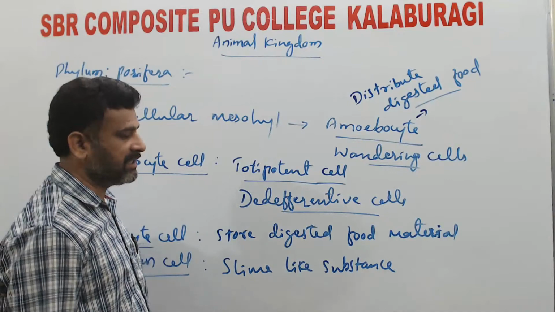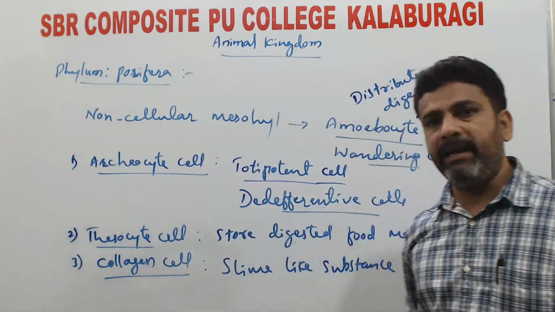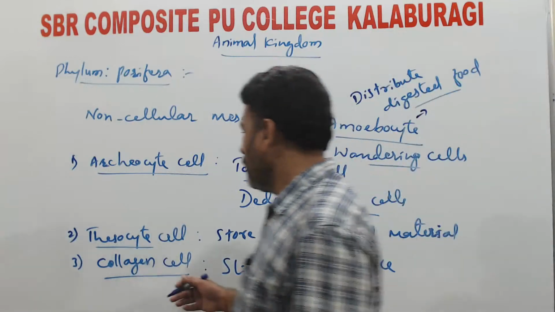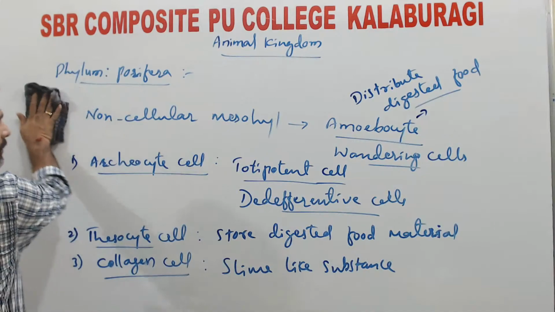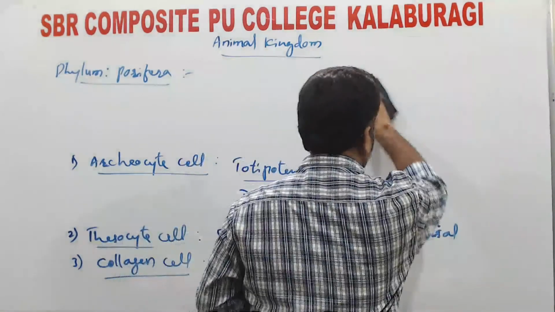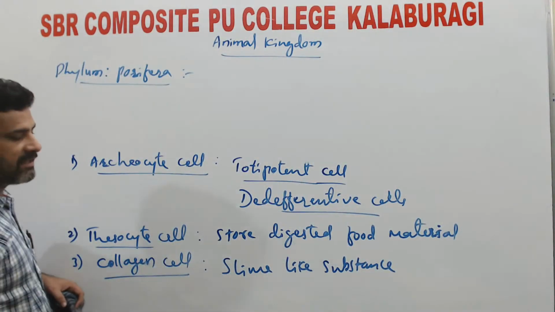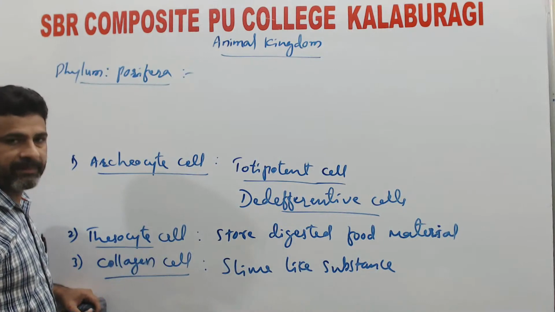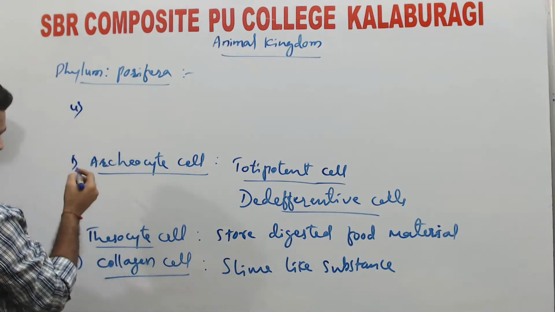This slimy substance mainly maintains the colony. The main function of the slimy substance secreted by the collagen cell is that it maintains the colony. Next one.